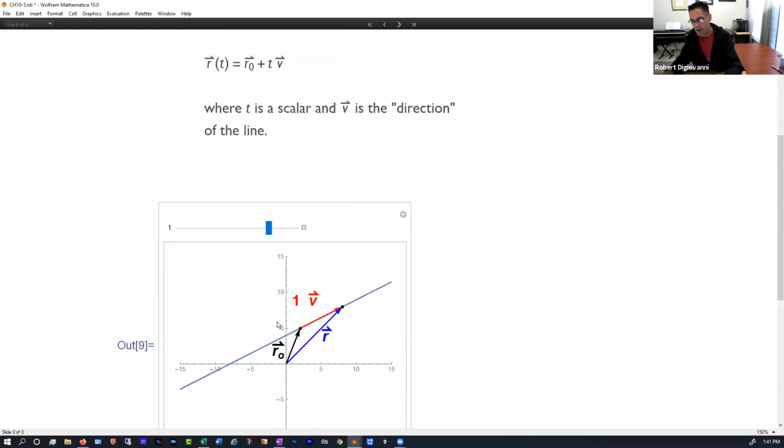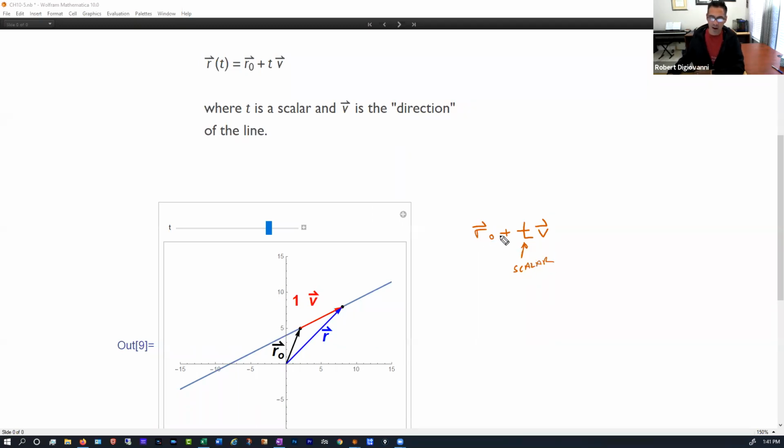So generally speaking, I could do something like this. If I take R naught and I add to it some multiple of V, t, sorry, I'm really exaggerating those arrows on top. So this is just a scalar, just a number.